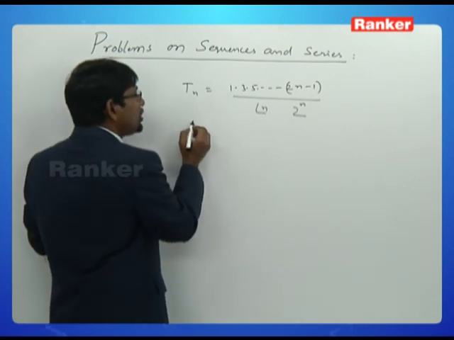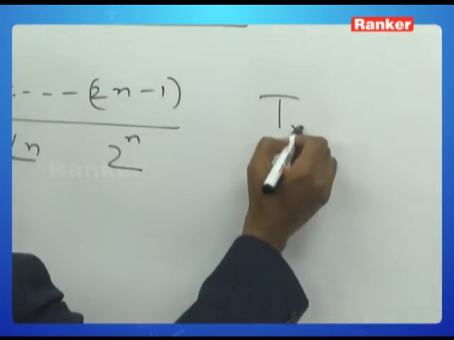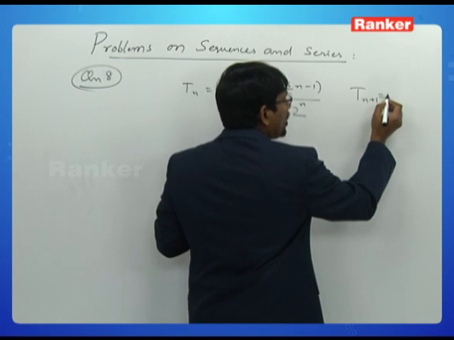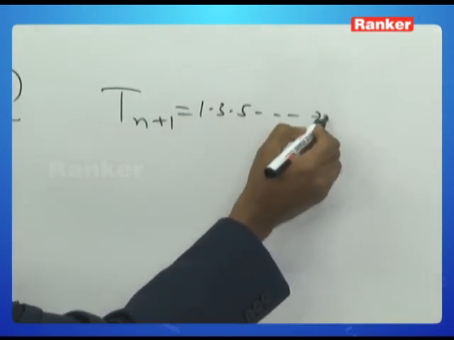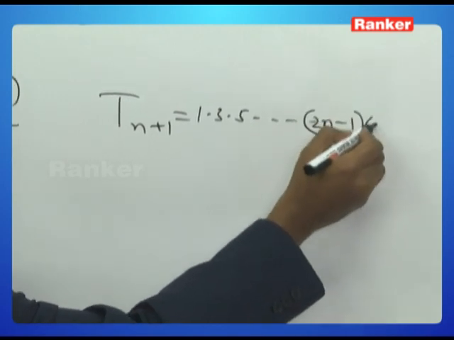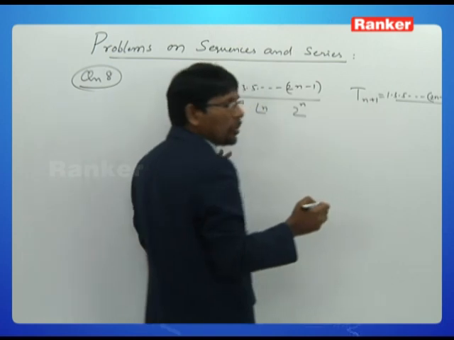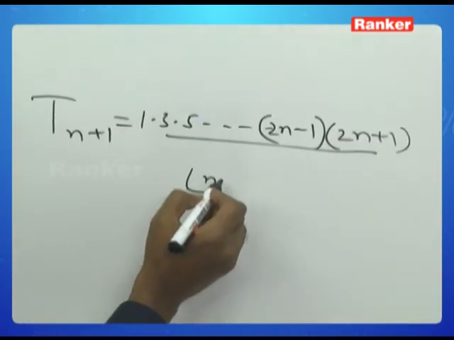Now what is Tn plus 1? Observe what is Tn plus 1. Tn plus 1 would be 1 into 3 into 5 so on up to 2n minus 1 into 2n plus 1. That is, you will have n plus 1 consecutive odd numbers. So you will have to write n plus 1 factorial here.